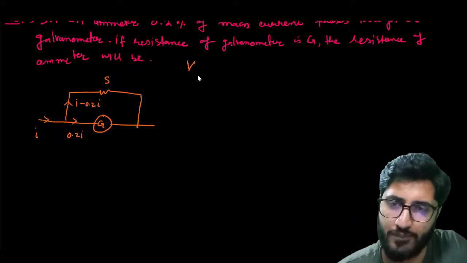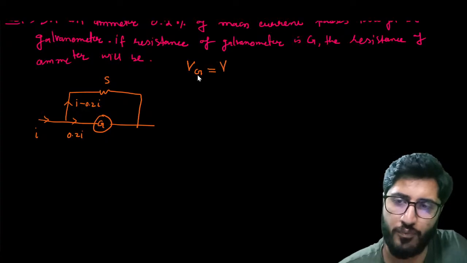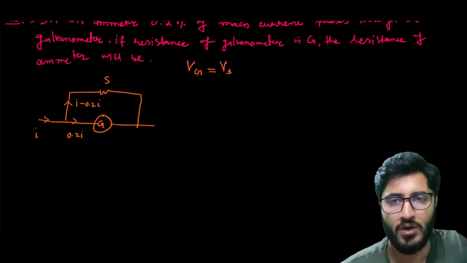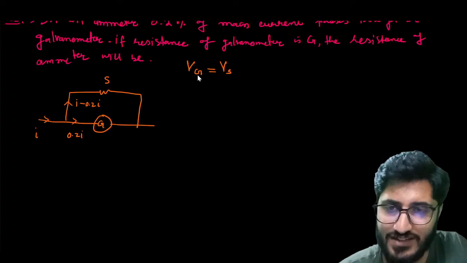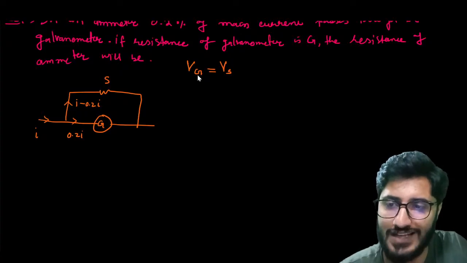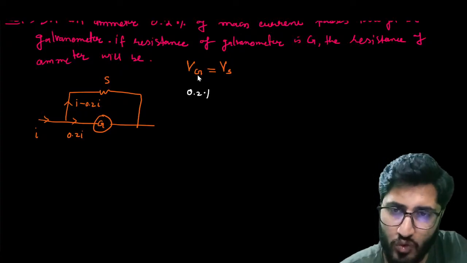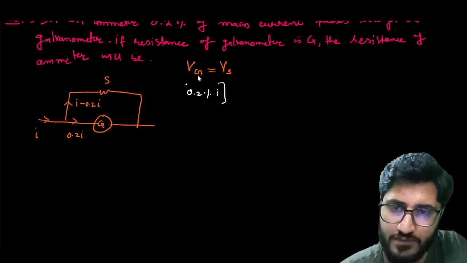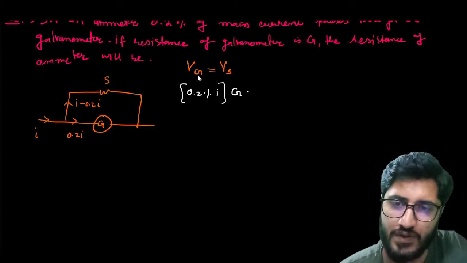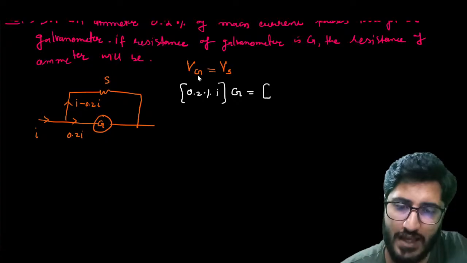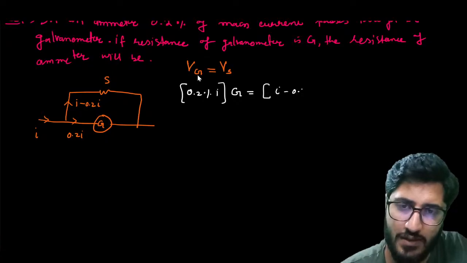We know that the potential across the galvanometer equals the potential across the shunt. What is Vg? Vg is I into R, where I is 0.2% of I, into G. What is Vs, sir? Vs is I minus 0.2% of I, into shunt S.